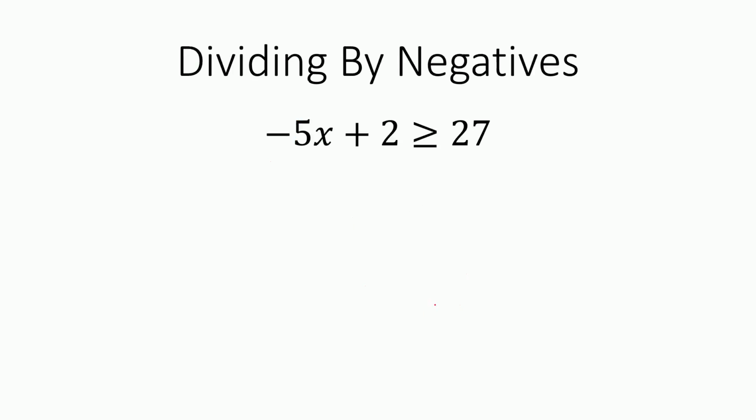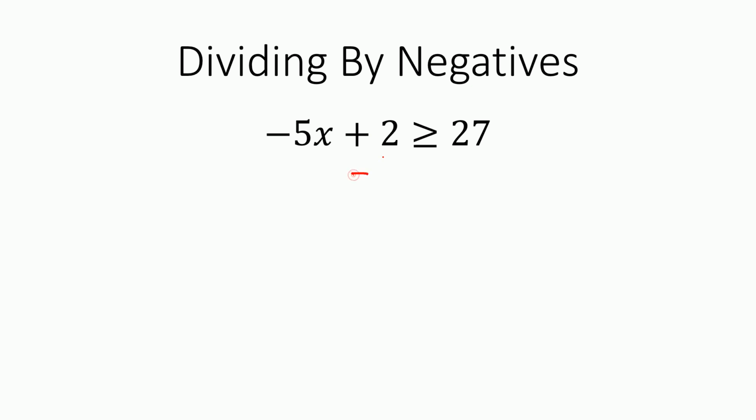And that difference is when we divide by negatives. Because when we divide by negatives, the inequality symbol is affected by that. So when we look at this inequality, and we're going to solve it, we're still doing the same steps. So we see x is being multiplied by negative 5, and then we're adding 2.